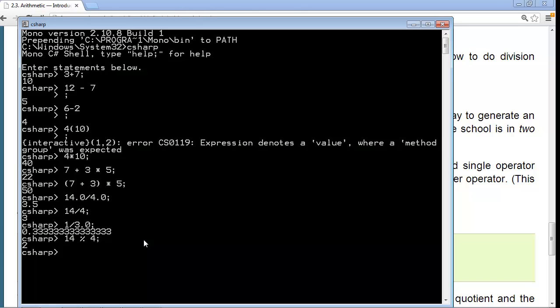This gives you the other part of the integer division. It turns out that this remainder operation is more useful than you might think. You need to remember that strange symbol for this part of integer division, percent sign for the remainder.